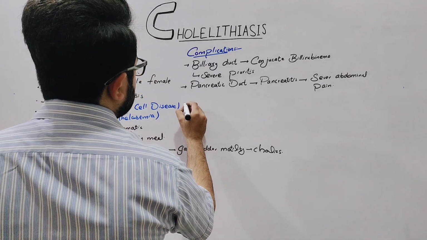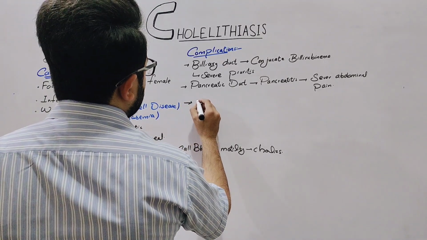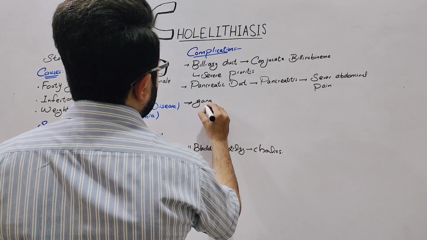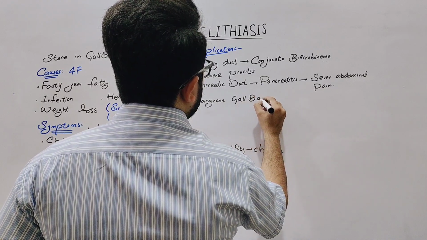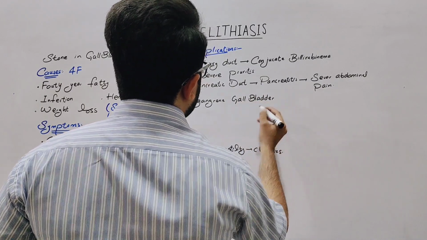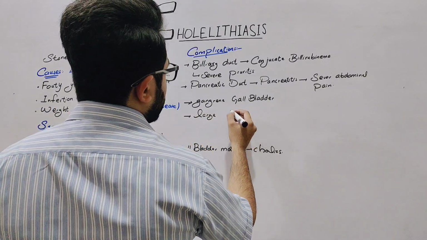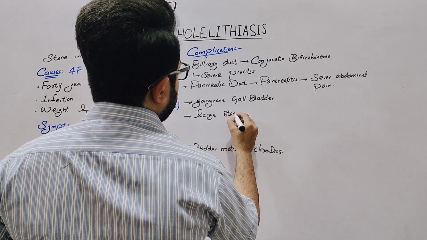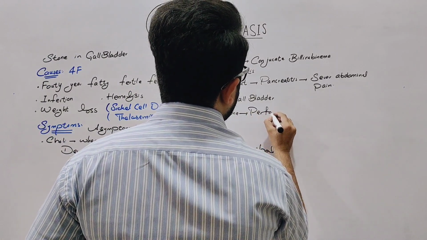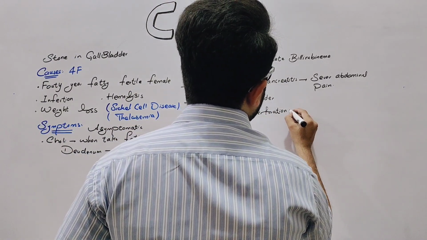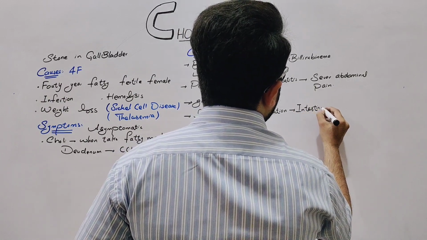But in some cases, if the stone is not migratory, it can cause gangrene of the gallbladder, or in some cases in large gallstones, it can cause perforation to the intestine and block the intestine.